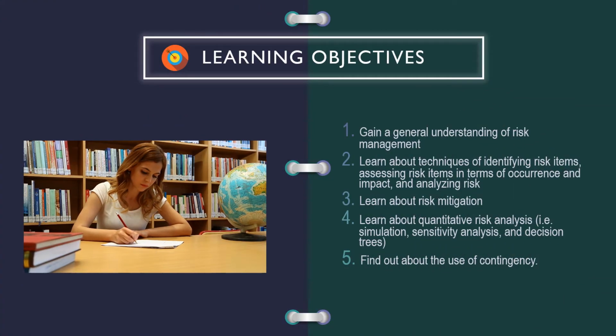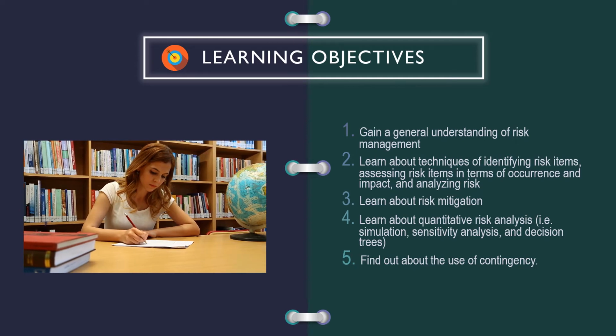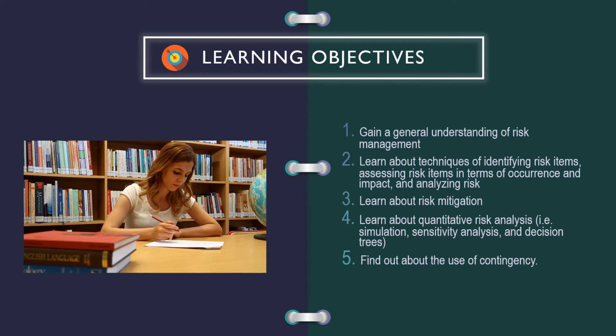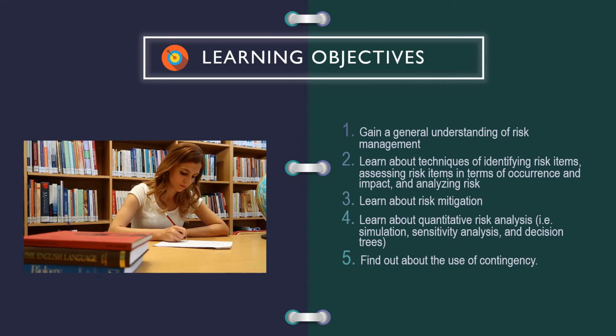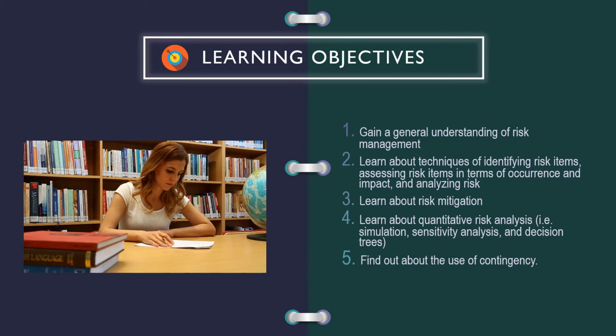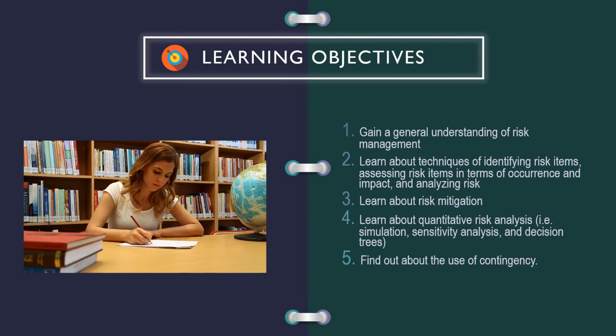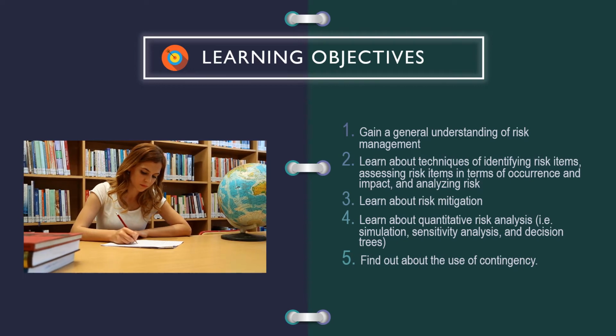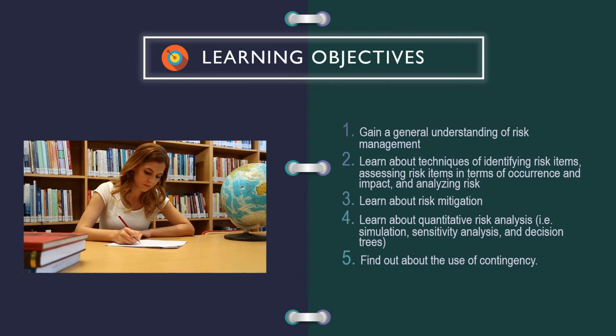Learning objectives. After completing this lecture, students should gain a general understanding of risk management. Learn about techniques of identifying risk items, assessing risk items in terms of occurrence and impact, and analyzing risk.